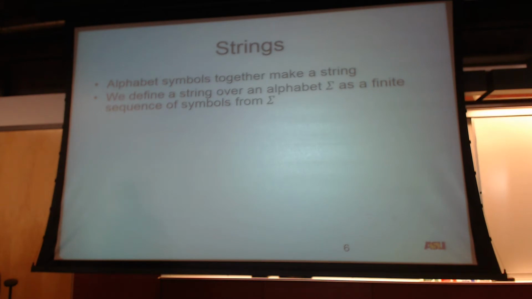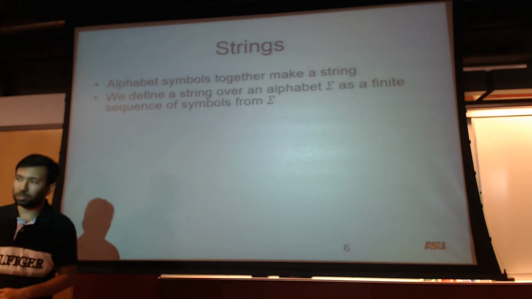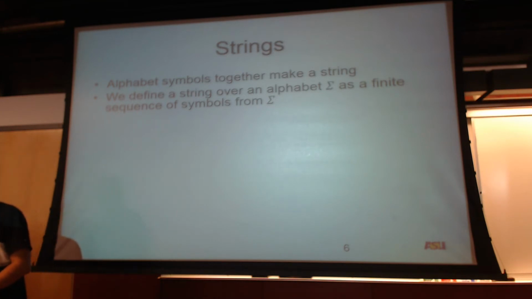What is a string? From that set sigma, you collect a few alphabets, concatenate them, you get a string. So a string is defined over an alphabet. Whenever you talk about a string, you have to talk about an alphabet.